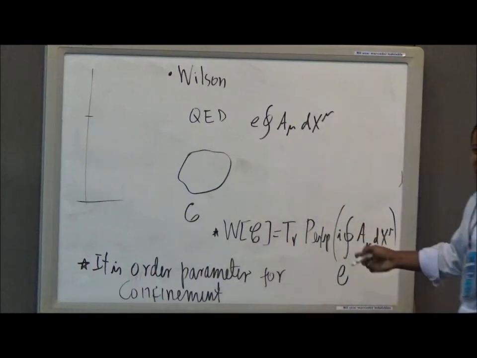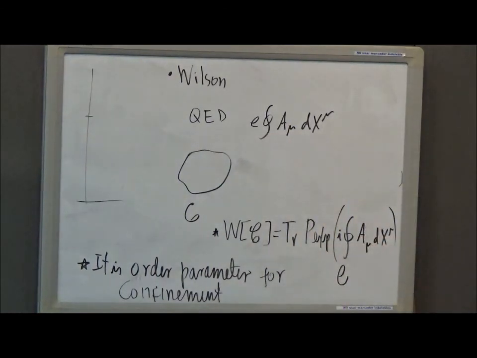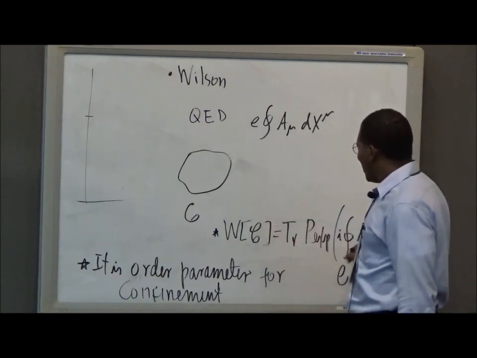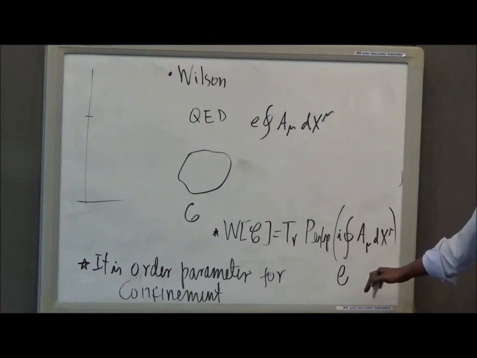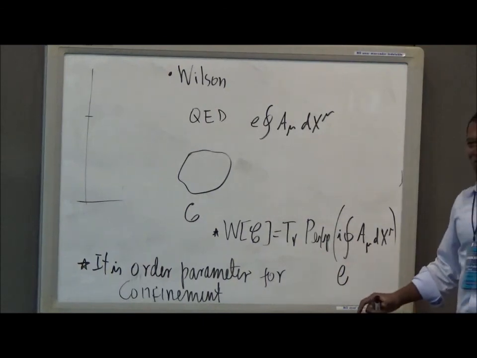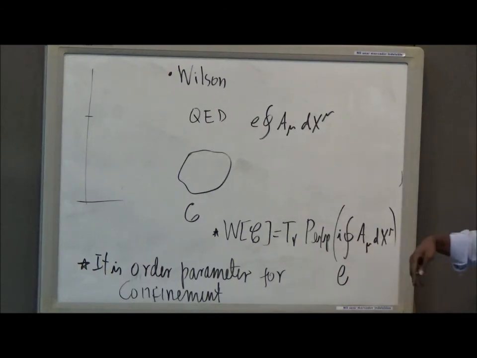Okay, does anybody remember what is the story with confinement and Wilson loops? Okay, so the story is that if you evaluate this object and it is proportional to the area enclosed, then you are in a confinement theory. If it is proportional to something else, then you're not in a confinement theory.